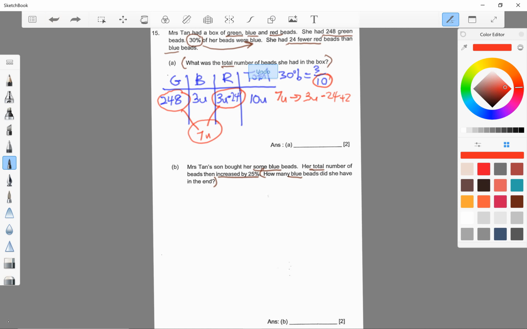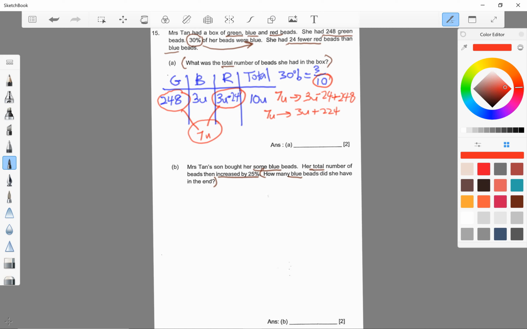And my next step, let me just write clearly. 3 units minus 24 plus 248. So this means that 7 units has got to be the same as 3 units plus 224.